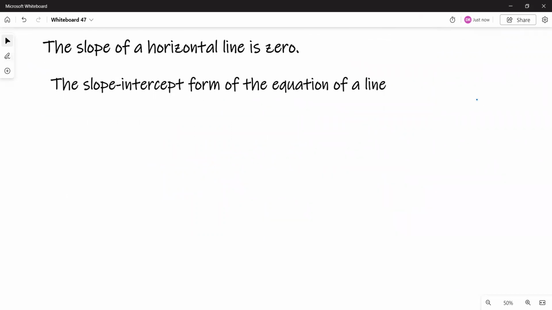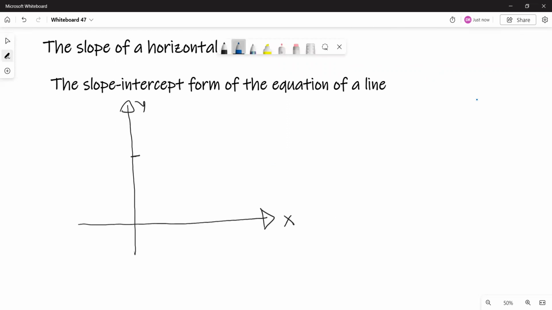So let's say you have the equation of a line, or you have the graph of a line that has y-intercept (0, b) and has slope m.